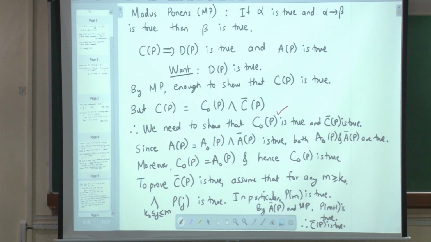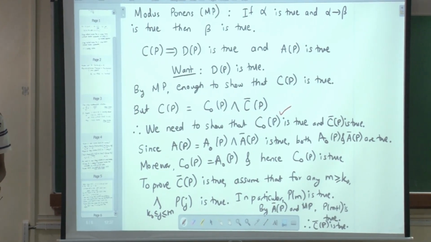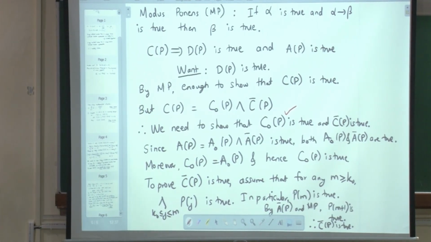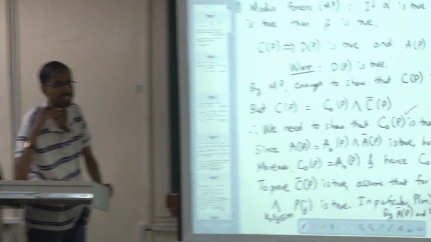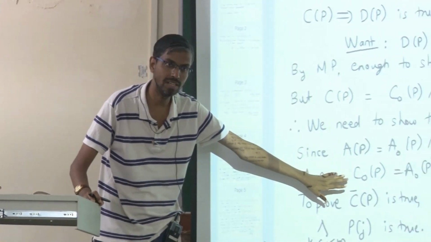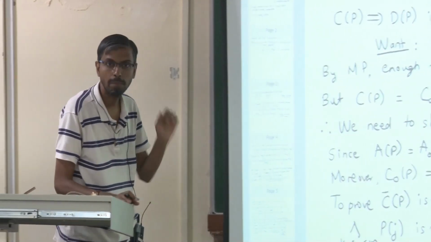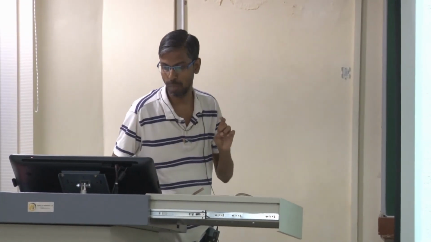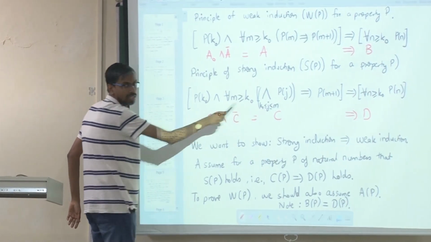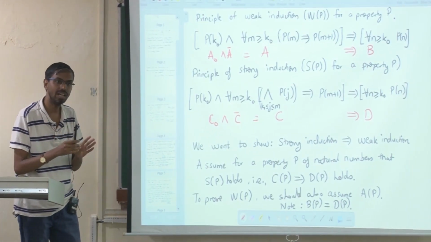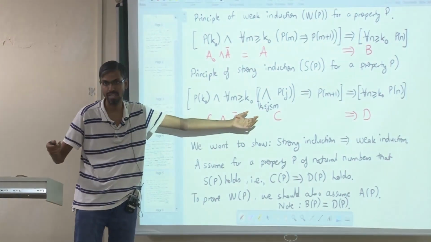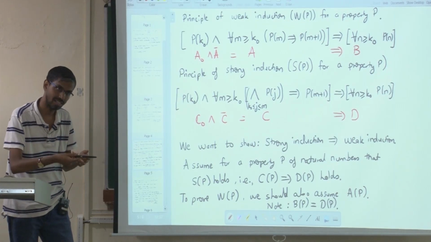You understood the idea of the proof? Okay, it's long but straightforward once you understand rules of logic. Yes. Can you repeat the last C bar part? Okay, so C0P is true, that's clear. So C bar P is true because what is C bar P? Let me go back here. We are supposed to assume this part. For any m bigger equal k0, if I assume the left hand side of the implication, I need to prove the right hand side.